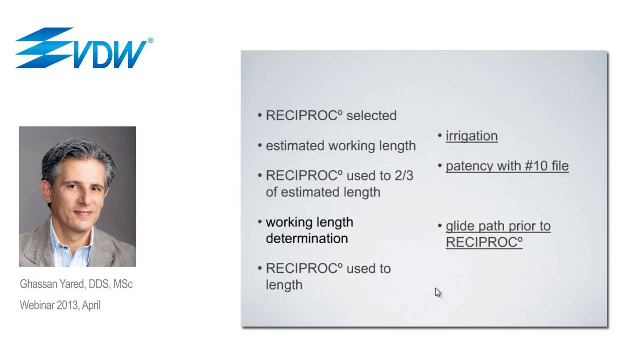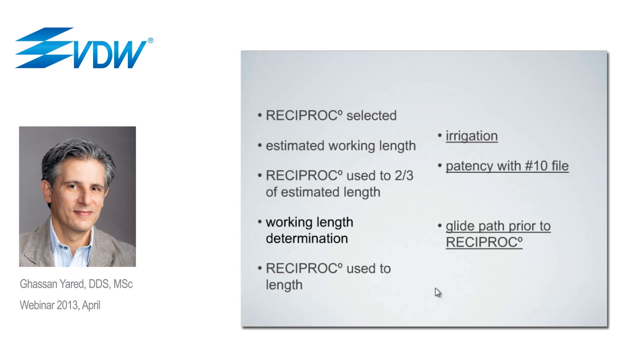However, if the number 8 or 10 file that we are using to determine the working length does not reach the working length unless we pre-curve it at the tip, then we know that the anatomy in the apical third is complex, and this is a case where we will then have to create a glide path before using the reciproc instrument. And this is why, again, I said that this step of the working length determination is very important.